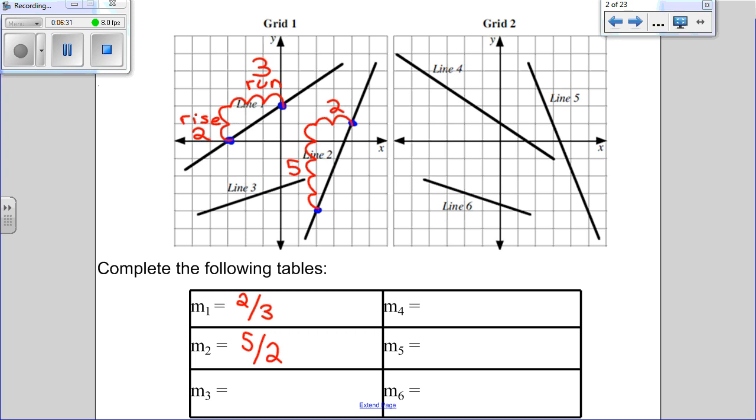Now some people look at this and, for me, my brain just works to go up or down and then right. Some people like to go right first and then up or down. So if you look at this same question, somebody might instead of going up and over, rather go over 2 and then up 5.